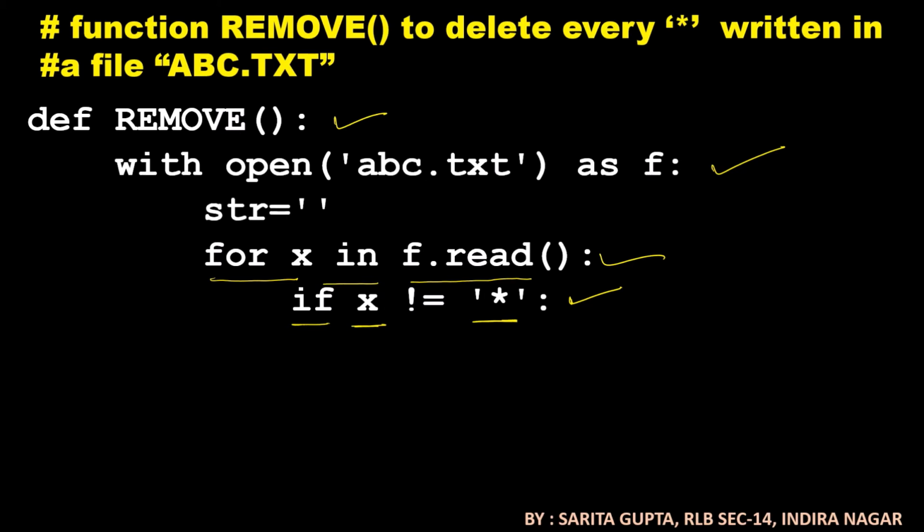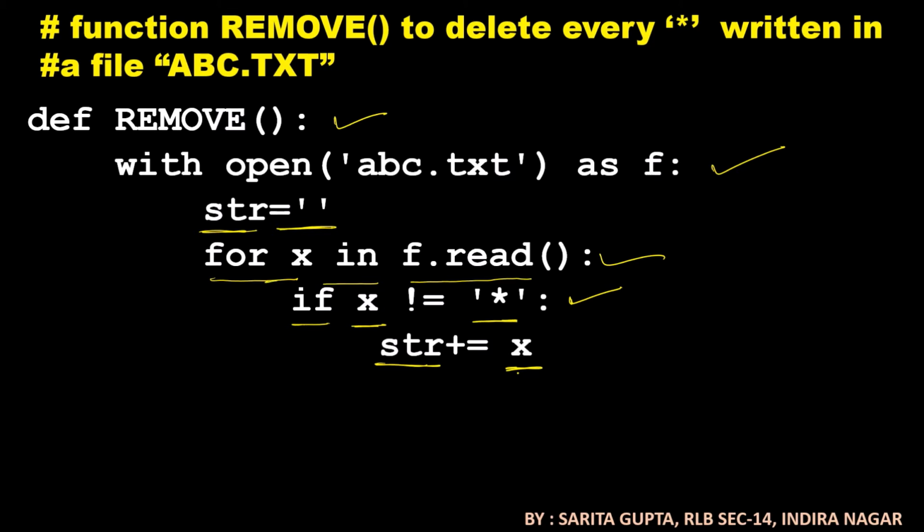For that, creating a variable before the for loop and initializing it to an empty string, say str here, and here in the loop after the if statement, concatenating the value of x to this variable as str plus equal to x.